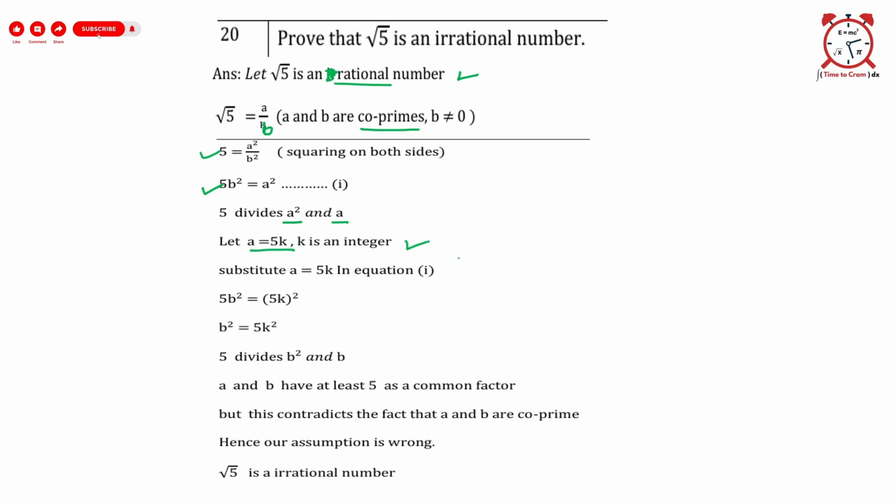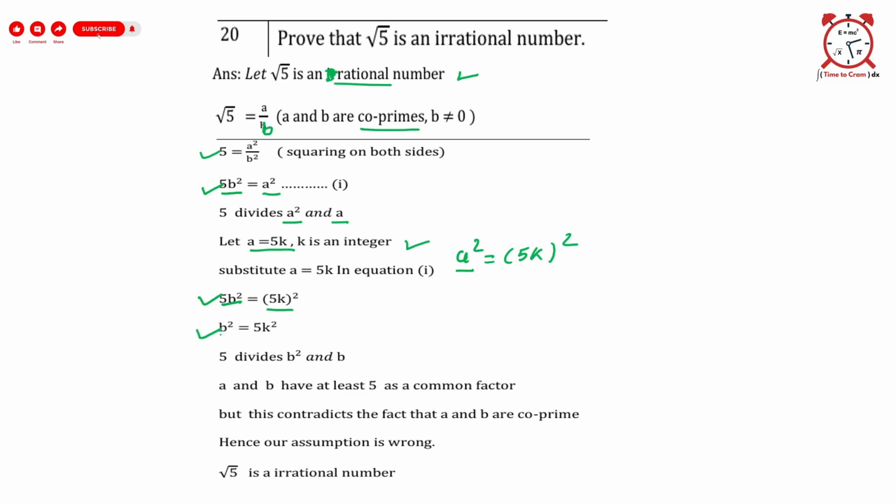Now let us make the square of a: a square equal to 5k bracket over square. After that we have to reach on this step. In place of a square we have to keep the value 5b square here, because a square equal to 5b square. This 5b square we are keeping here. Now this is our next equation. After simplifying we are getting b square equal to 5k square.